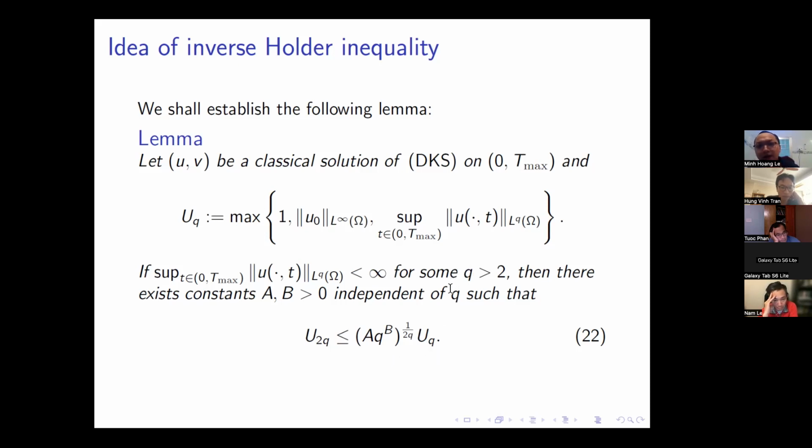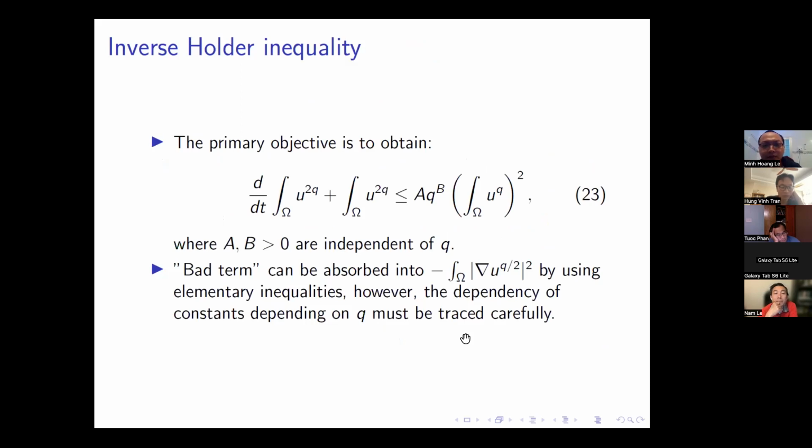For q sufficiently large. In this case, we consider q bigger than 2 in the two-dimensional case. We have to find constants A and B independent of q so that it satisfies this inequality. And then we apply the Moser iteration. We try to use the variation method again and establish some inequality like this, and then we apply the Moser iteration and Gronwall inequality to obtain what we need.